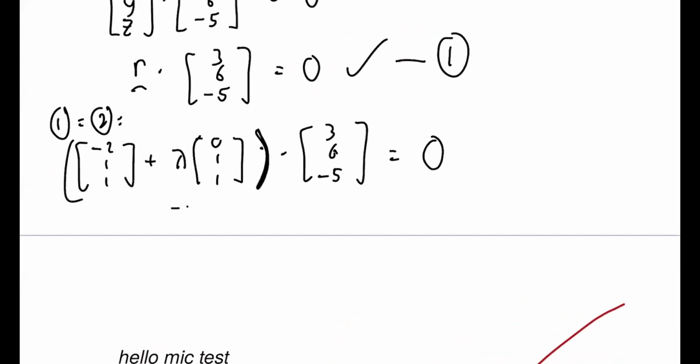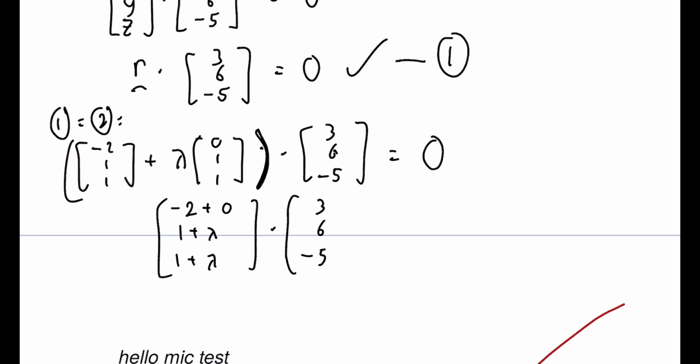Let's quickly do that. So minus 2 plus 0, 1 plus lambda, 1 plus lambda, dot product with 3, 6, minus 5 equals to 0. Multiply out, I get negative. Okay, I'll just write down the working.